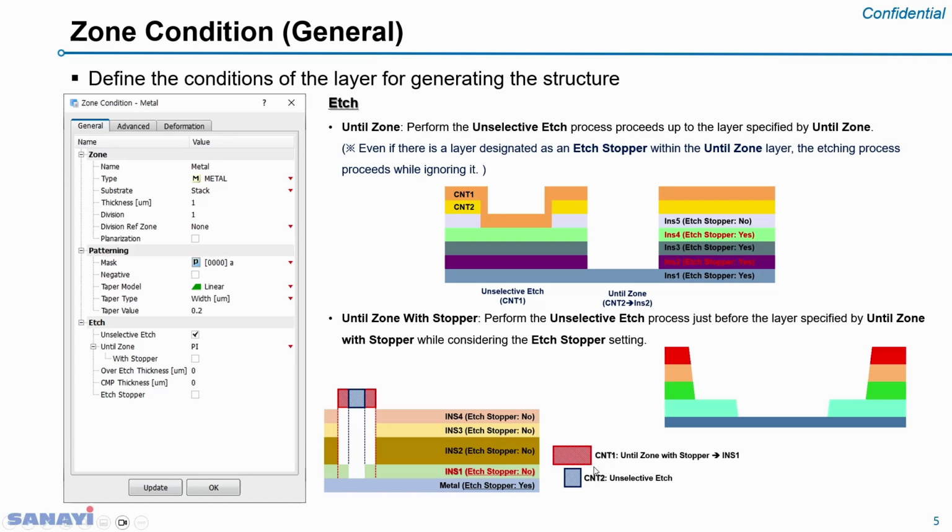For CNT1, select until zone with stopper and click insulator 1 from the list. And when unselective etch is applied to the CNT2, the following structure can be created. Therefore, please utilize those functions related to the etching process depending on the desired structure type that you want.